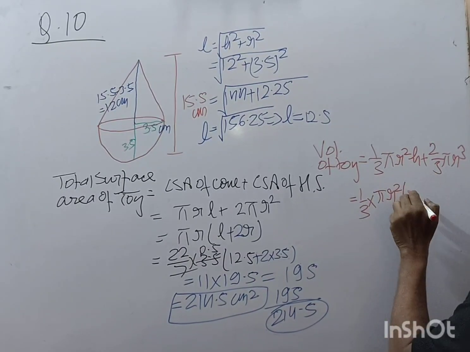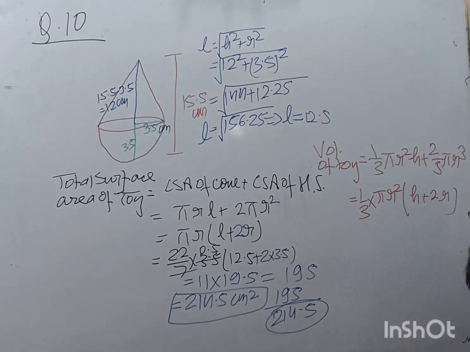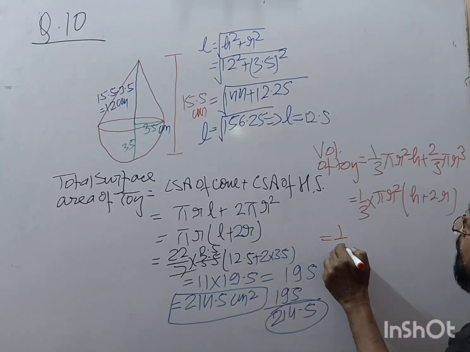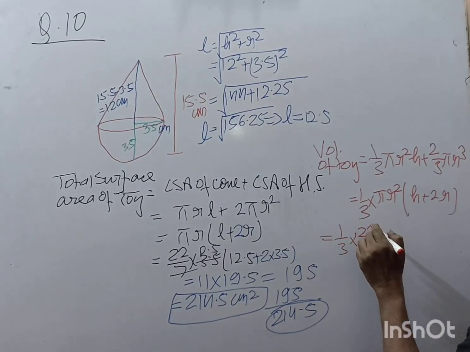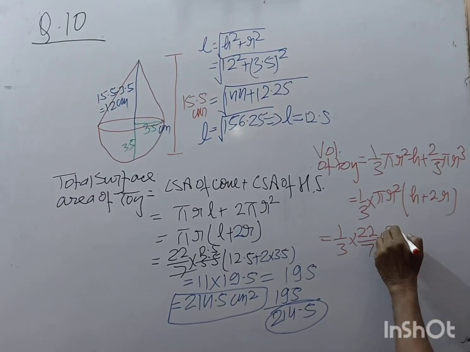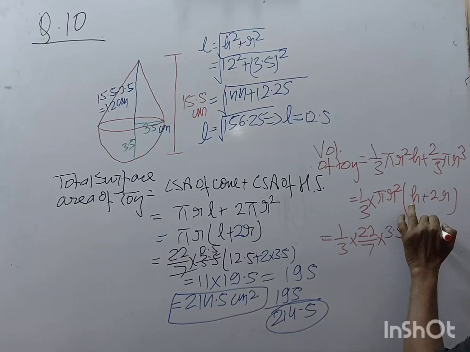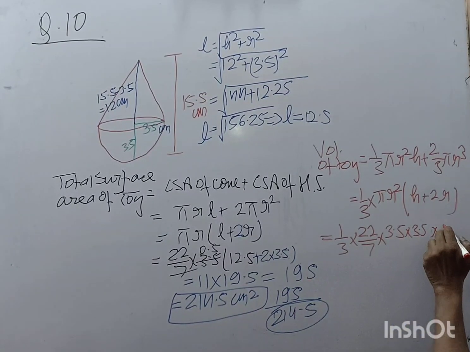So it is 1 by 3 into 22 by 7 into 3.5 into 3.5 into 19.5.